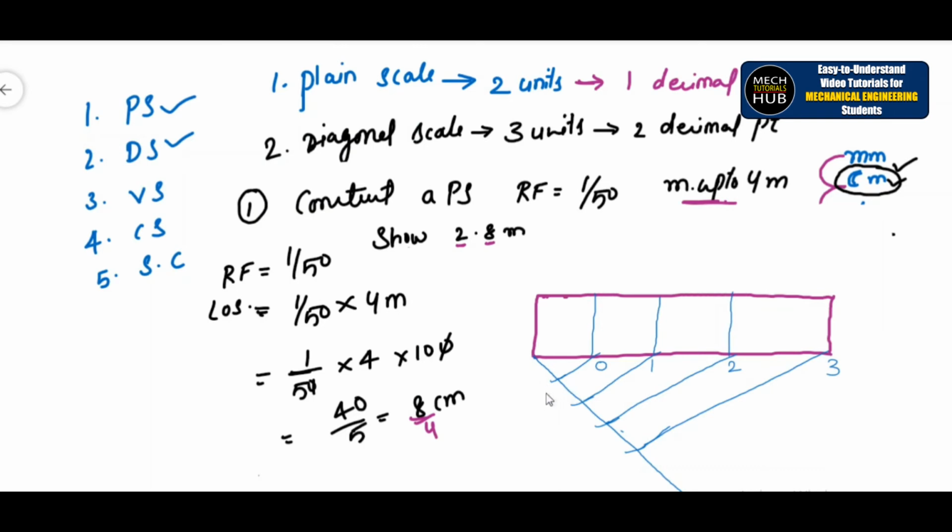So the question is, we need to construct a plain scale. The plain scale is almost constructed. The RF value is given, the measure-up distance is given. Based on it, 4 meters, we divide into 4 segments, and the overall scale length is 8 centimeters, which we calculated from the length of the scale. Till now it is fine.